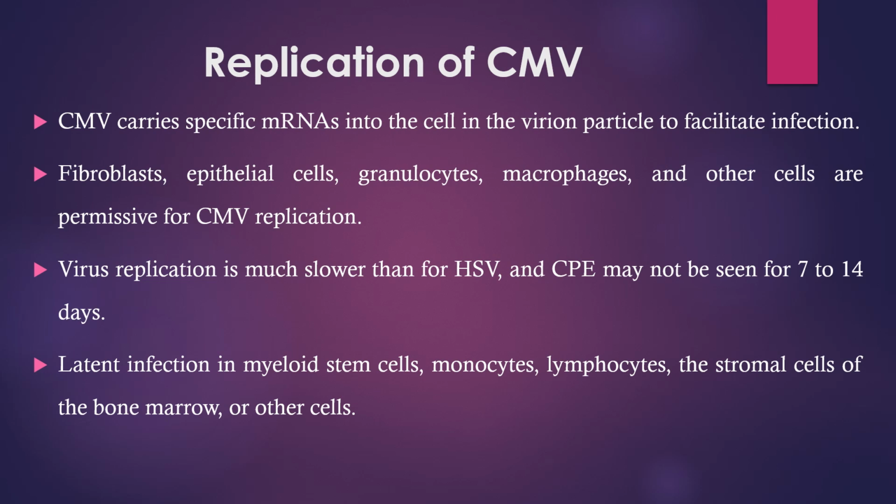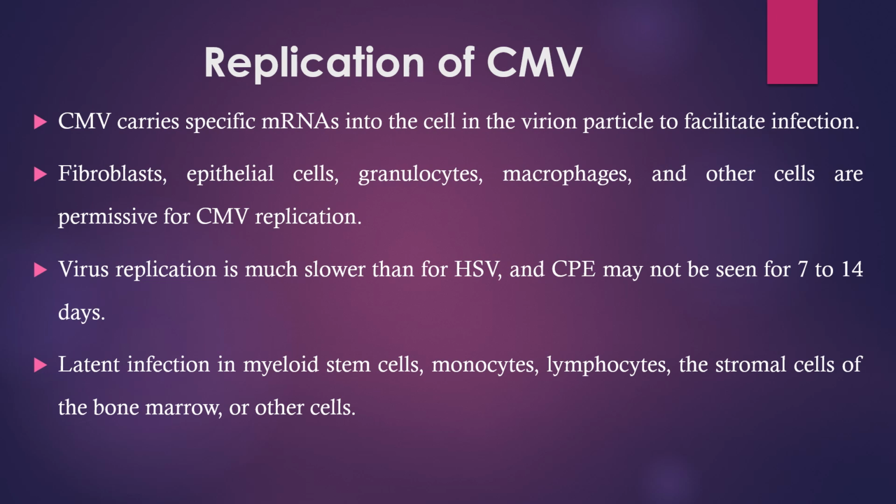After the transmission of this cytomegalovirus from one infected person to another person, the virus undergoes replication in the infected host. In contrast to the traditional definition of a virus, which states that a virion particle contains DNA or RNA, this cytomegalovirus carries specific mRNAs into the cell in the virion particle to facilitate infection in the infected host tissues.